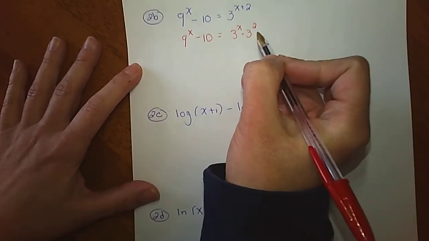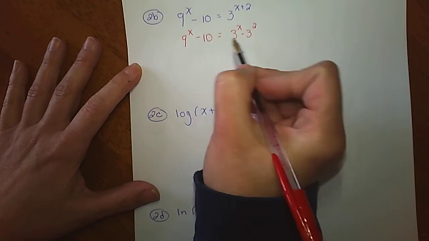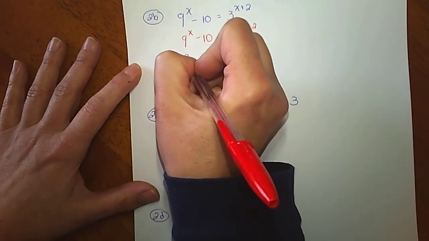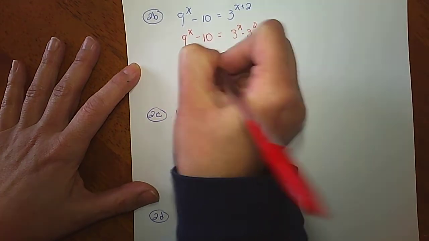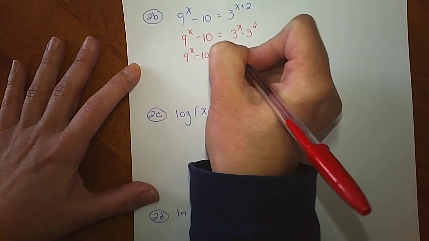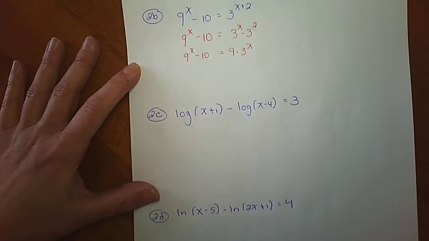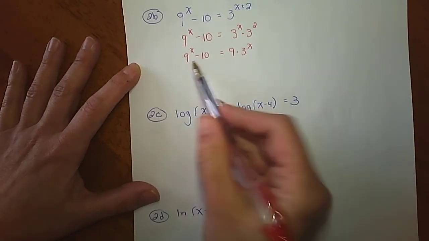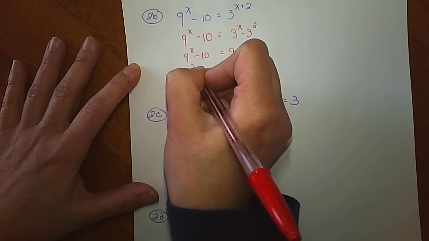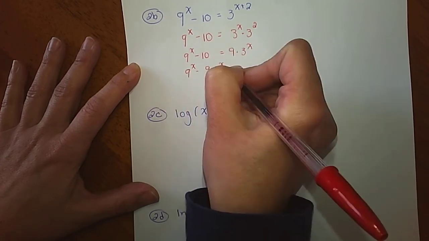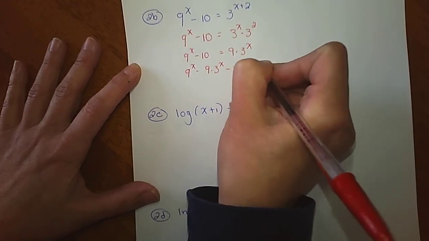So now, what I want you guys to notice is this is going to be a quadratic in disguise. This is going to be 9 to the x minus 10 equals, that's 9 times 3 to the x. All right, now I'm going to subtract this over. This is 9 to the x minus 9 times 3 to the x minus 10.